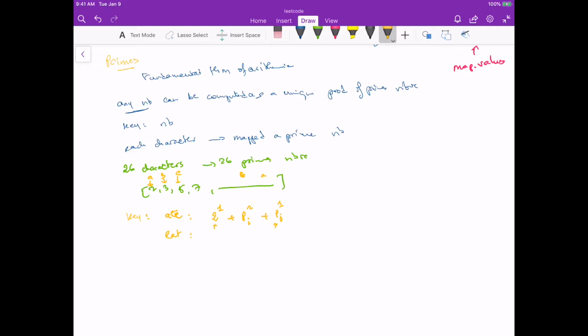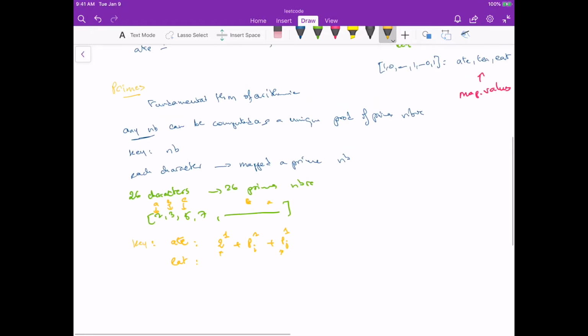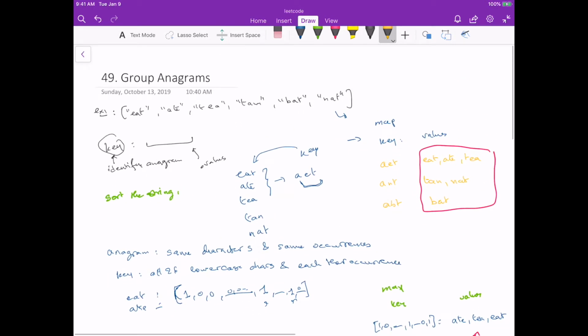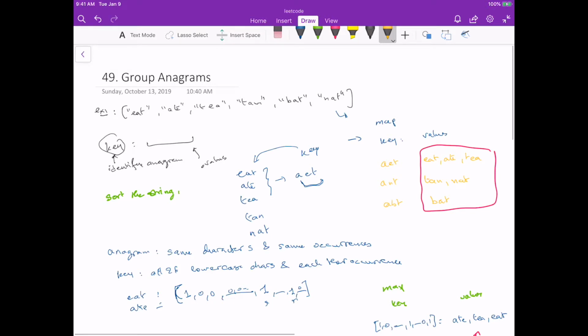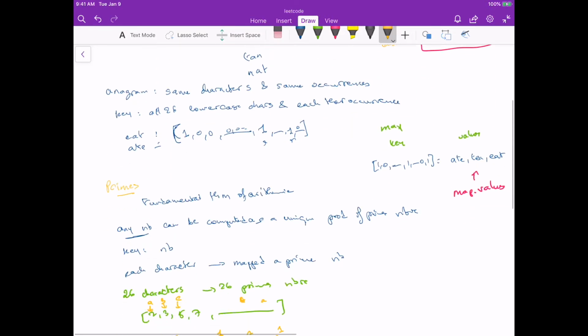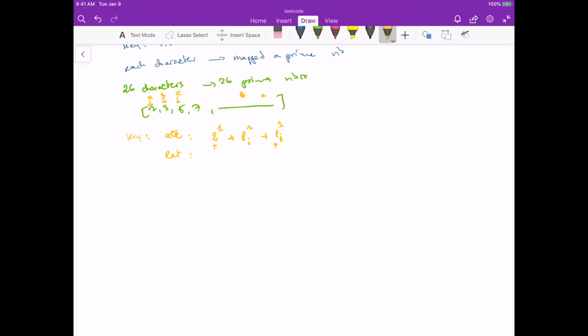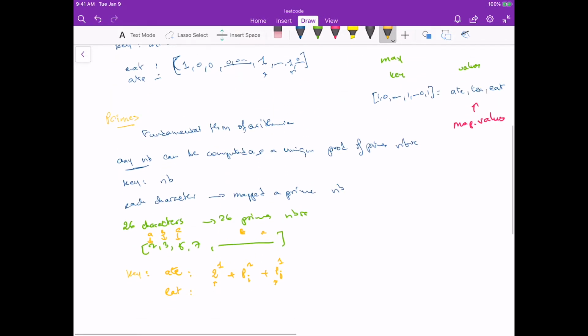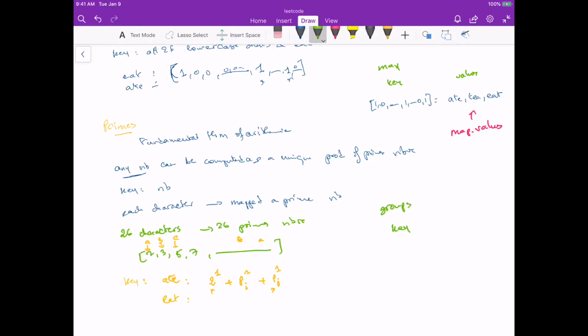And the same thing happens with tan, bat, and nat. So now we would end up with the same thing we did here, where we would have a map or groups, where the key is a number. Let's say here the key would be maybe 1234, something like that.